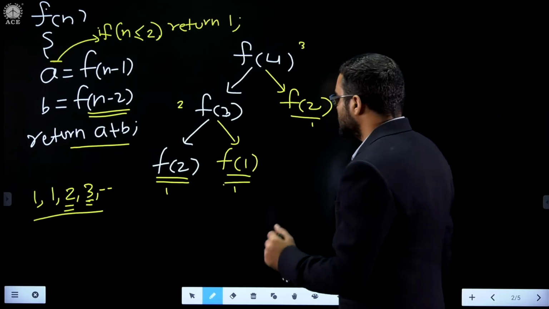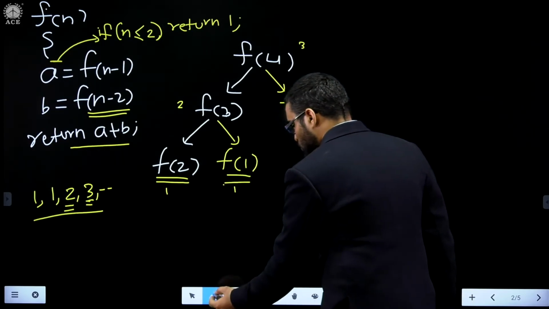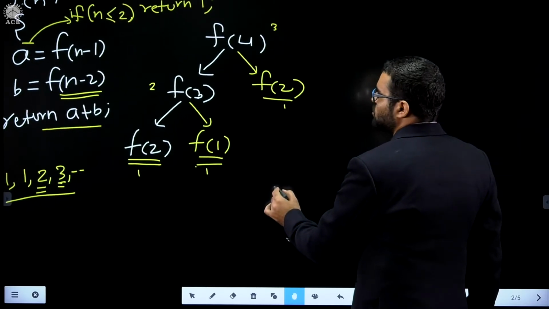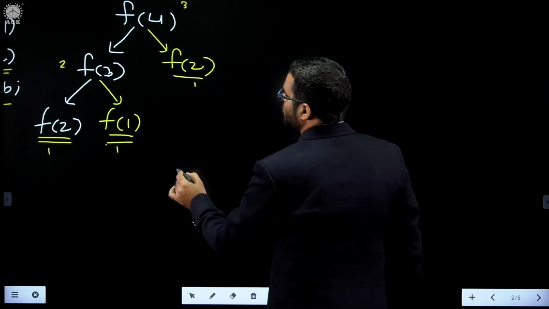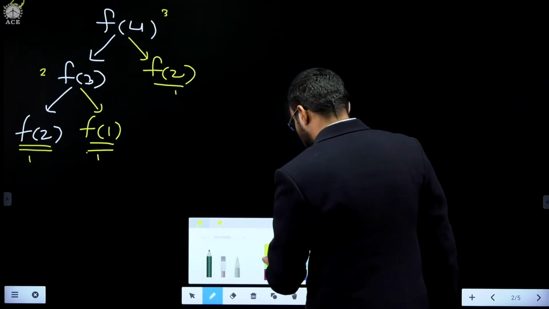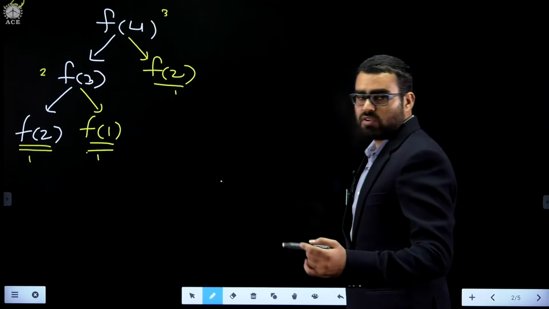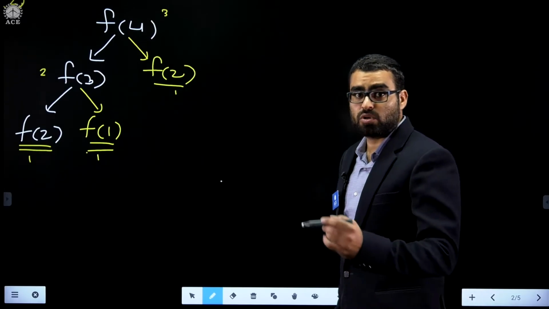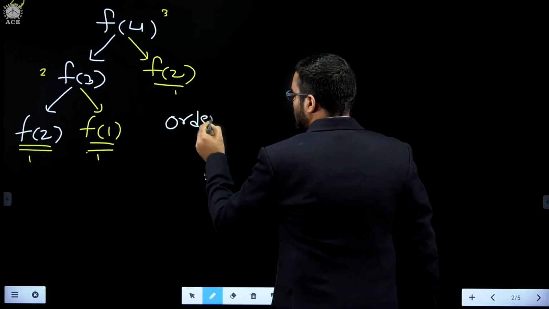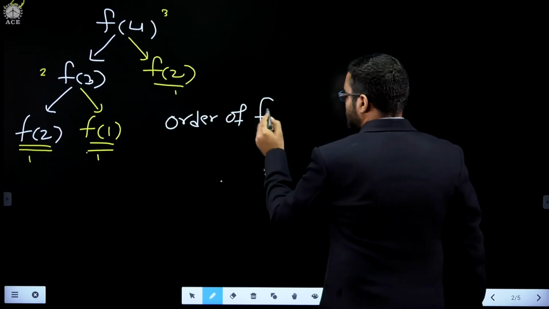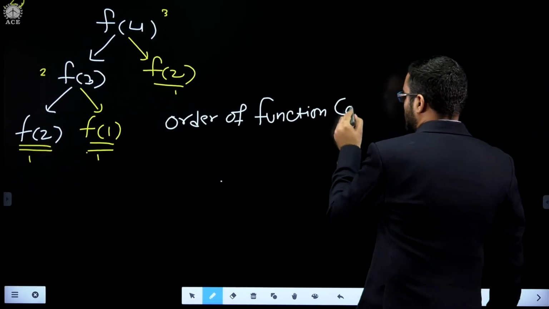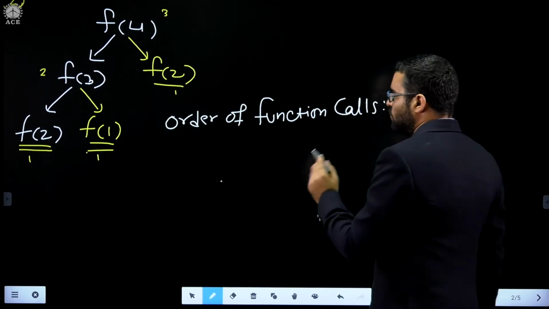Now in this activation tree, we can see a few things. Let's only focus on this f4 activation tree. In this activation tree, what is the order of function calls? Let me write it down.